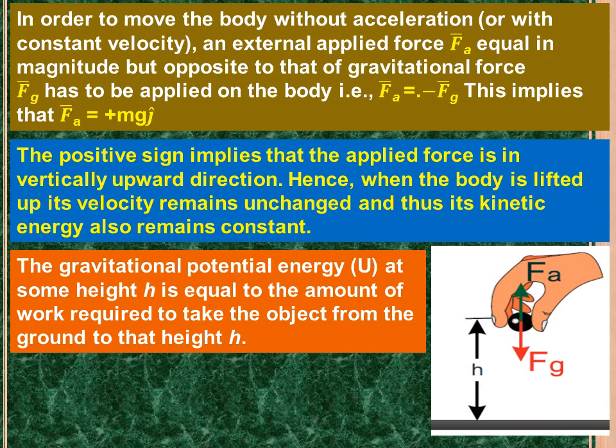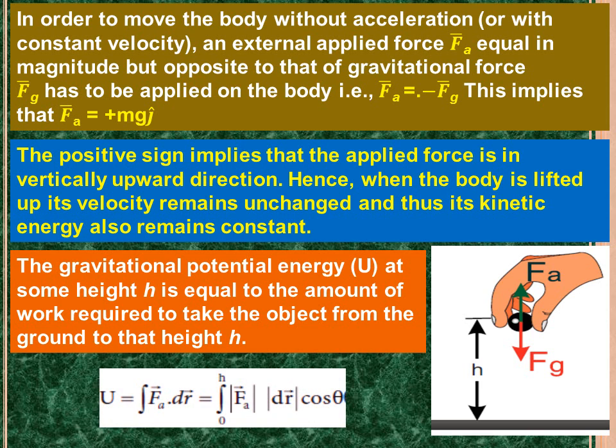Hence, when the body is lifted up, its velocity remains unchanged and thus its kinetic energy also remains constant. The gravitational potential energy U at some height h is equal to the amount of work required to take the object from the ground to that height h.